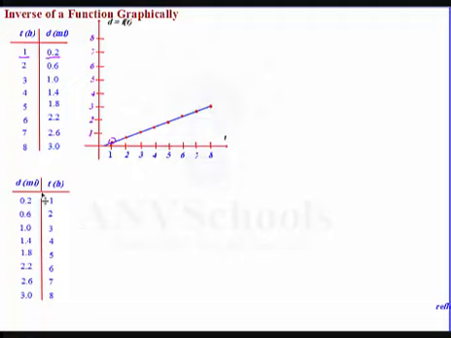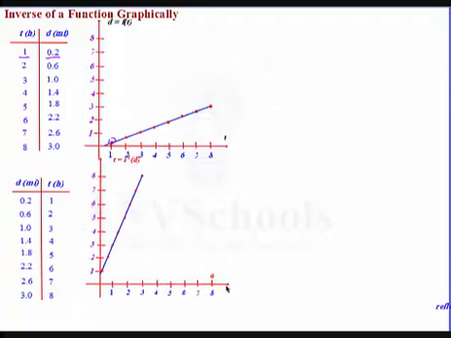Then we could take t as a function of distance, which in this case is g of x. As we explained in the previous slide, this is the inverse of the original function, the one appearing on top. So this is the graph for this table.